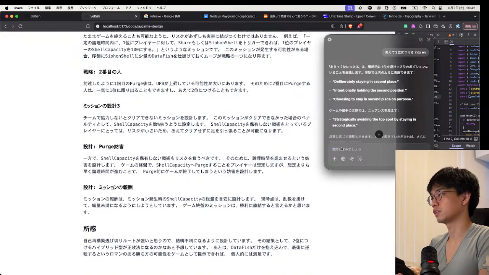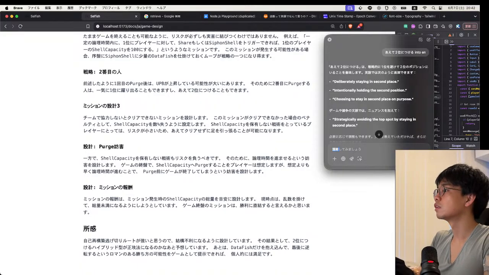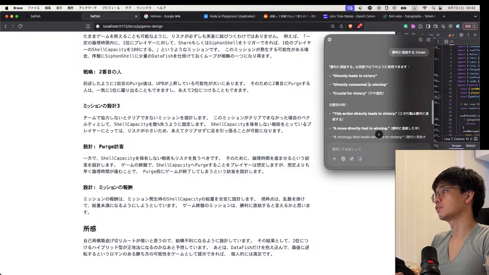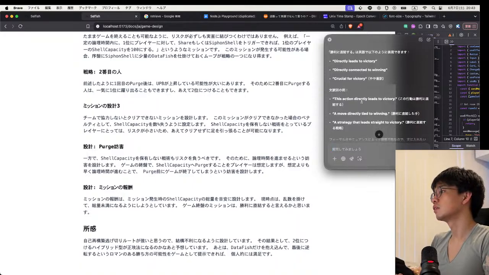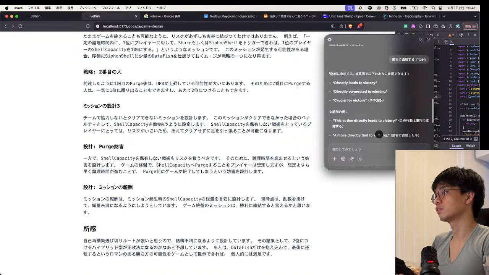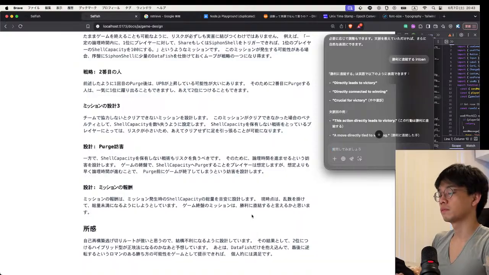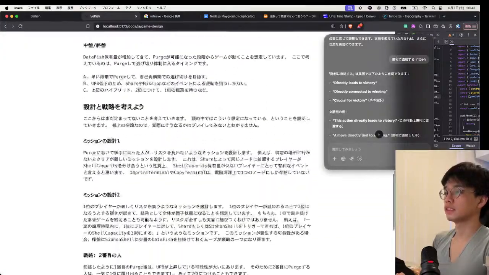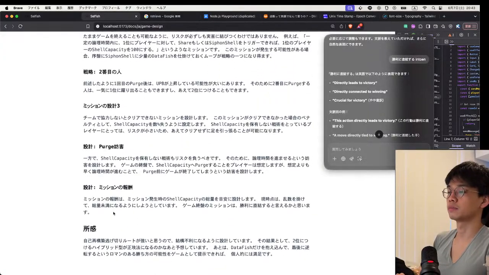I think this expression is not correct. Directly connected to... Leads to victory. Connected to winning. Okay. This is the game design of my game, Selfish.